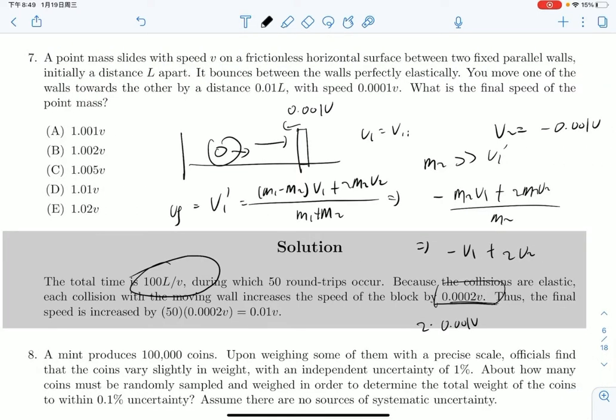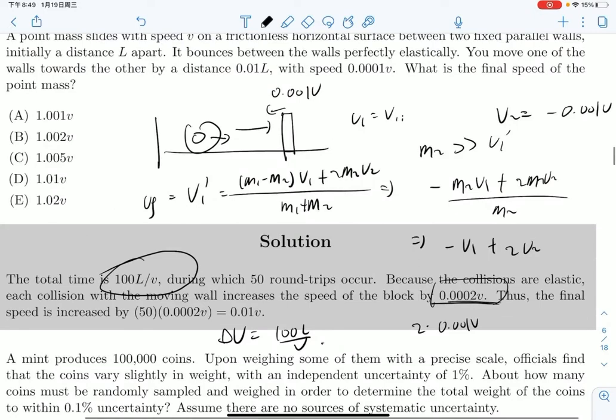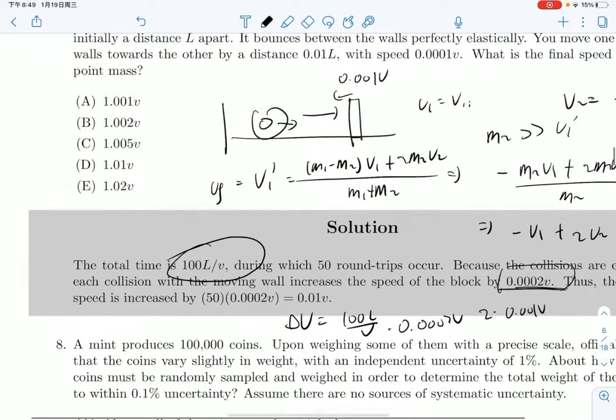And the total velocity change is equal to the number of times it bounces with the wall times the velocity gain each time, which is equal to 0.0002 v, which is answer D.